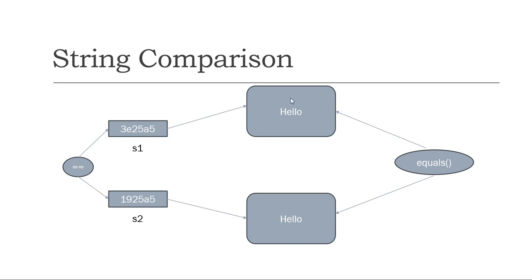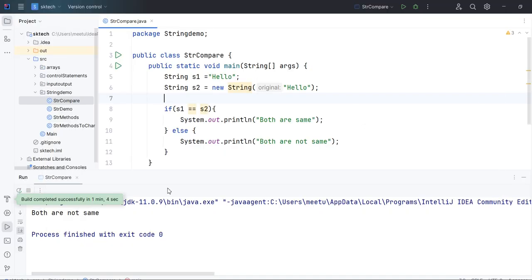Let's say this is the heap memory and it stored hello, and a reference number has been allocated to this variable. When the JVM creates another object for s2, it allocates another reference number, for example 192.192.5A5, right?